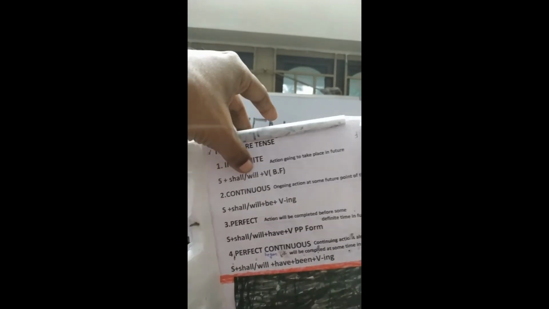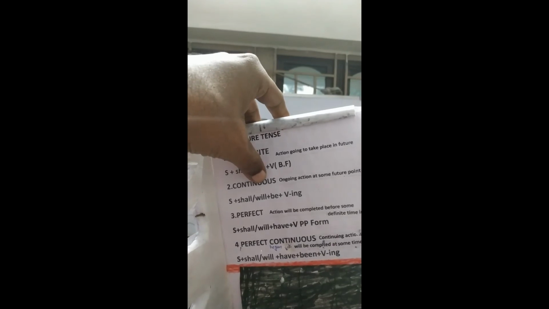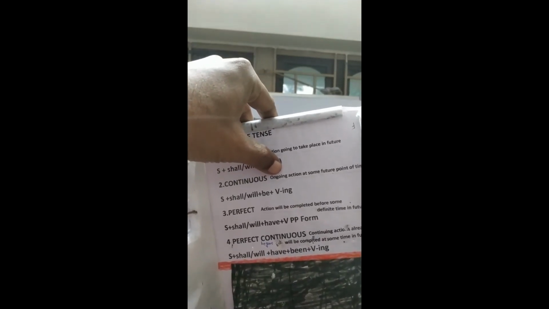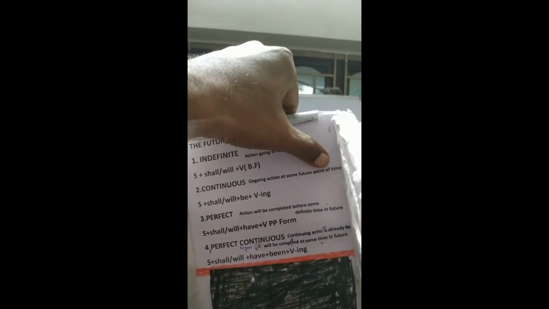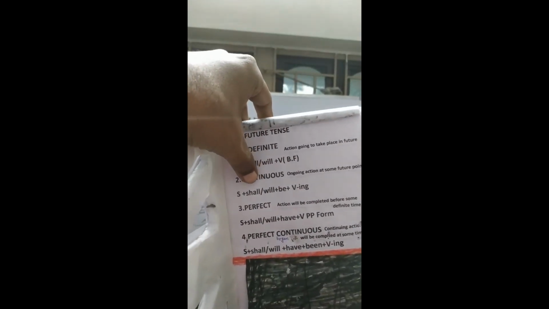Okay. Now come to the next part of the future tense, the future continuous tense. It indicates an ongoing action at some future point of time. Okay. And what will be the sentence structure?